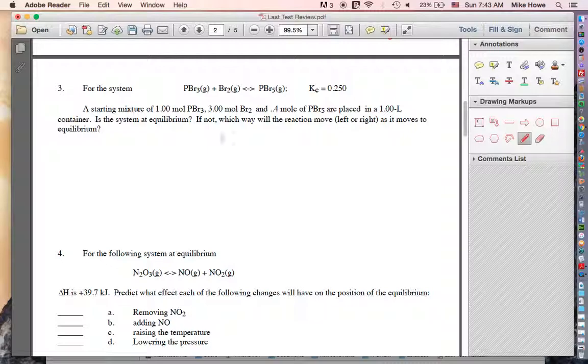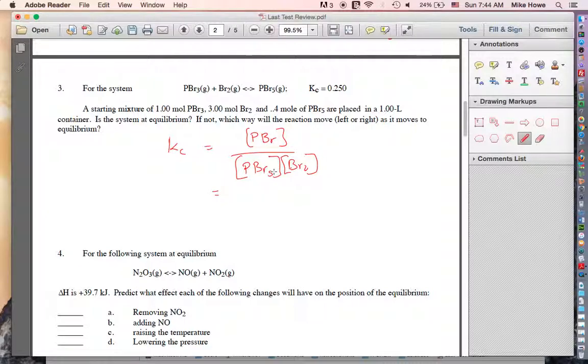Well, this is a simpler problem because to find out if it's at equilibrium or not, you just set up the constant, Kc, is equal to the products, PBr5 concentration, divided by the reactant concentrations, PBr3 and Br2. Remember, these brackets mean moles per liter. All right, so now we plug in the numbers we have.